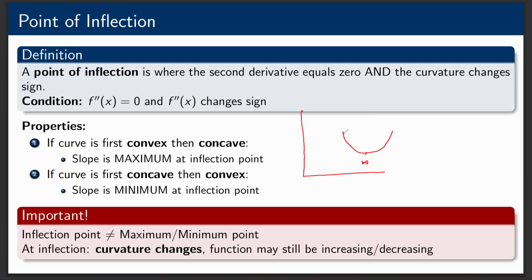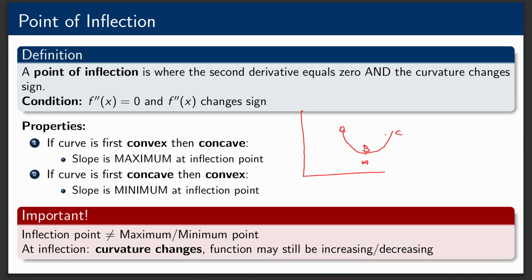Suppose this is A and this is B. From A to B, the shape of the curve is the convex shape. After B onward, suppose B to C, what is the shape? It is the concave shape.